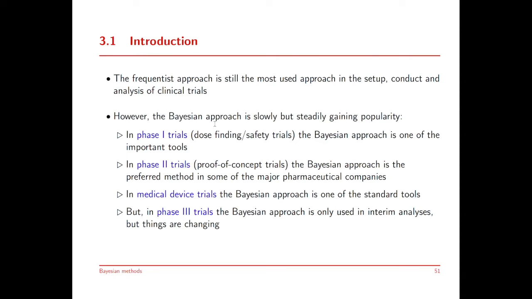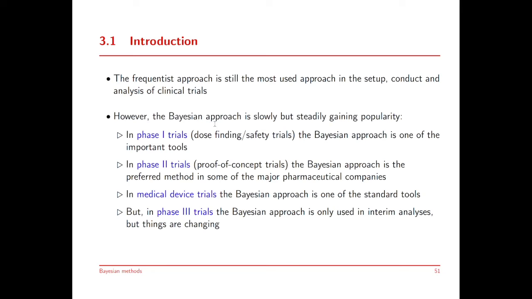The frequentist approach is still the most used approach in the setup, conduct, and analysis of clinical trials. And this will still be the case for a long time, but we can see something changing. For instance, in phase 1 trials, dose finding and safety trials, the Bayesian approach is one of the important tools nowadays.